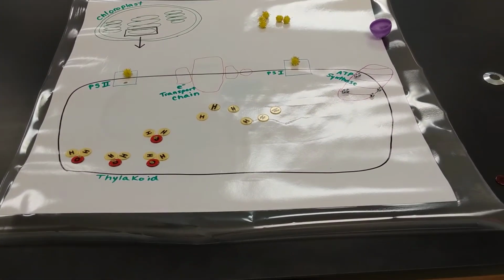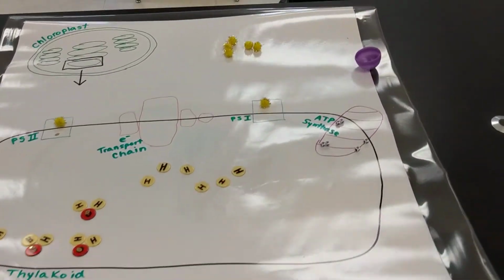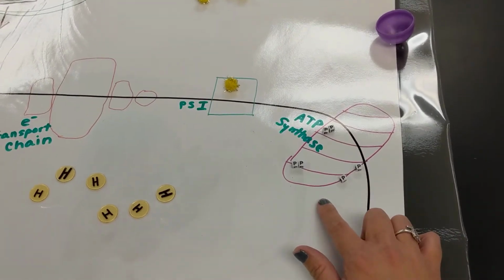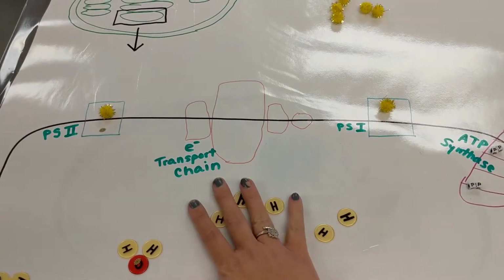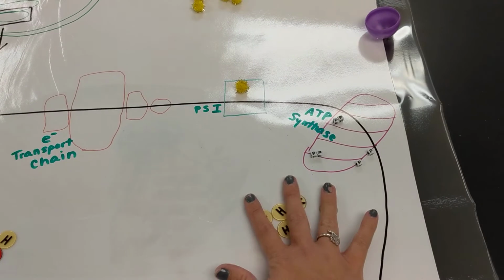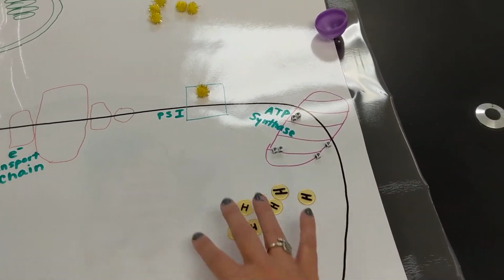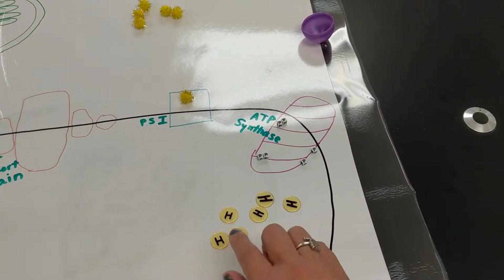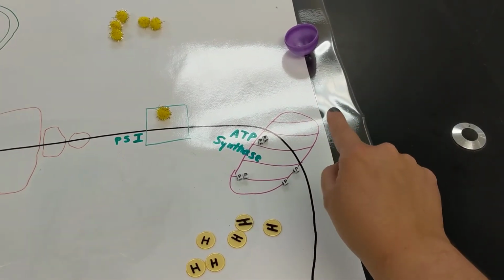One more thing that still needs to happen inside of our thylakoid, we need to be able to make some ATP. So since we created this hydrogen ion gradient, this is a high concentration of hydrogen ions, and they naturally want to flow out of the cell.